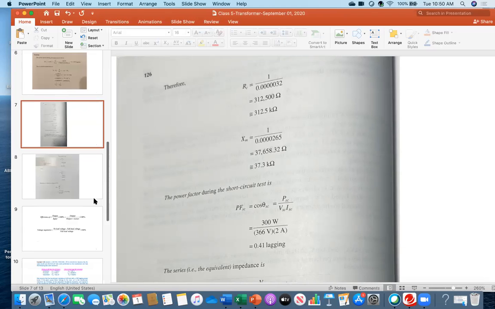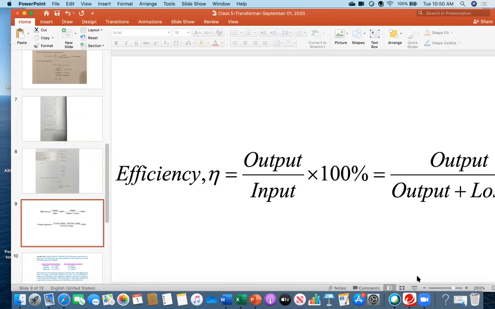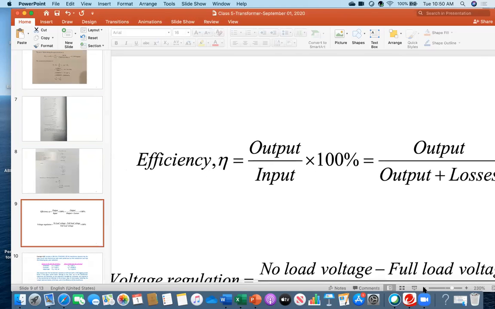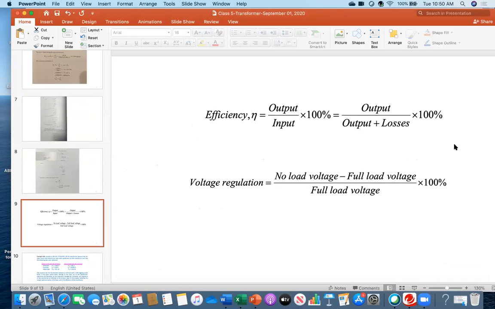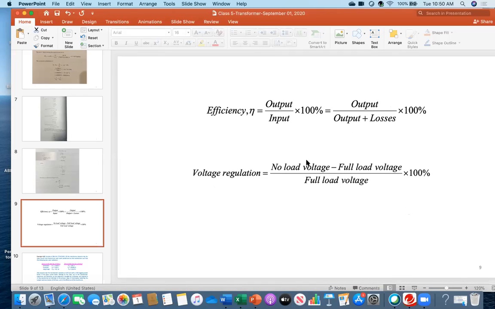Now, moving forward, let me zoom in a little bit. How to calculate transformer efficiency? You all know the basic definition of efficiency for any device or machine.